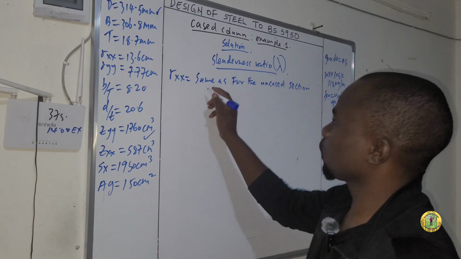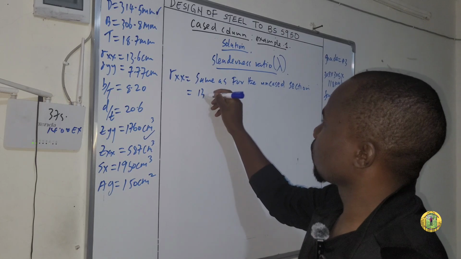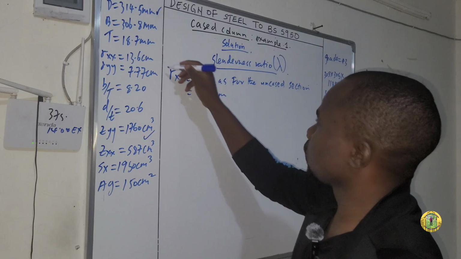And Rxx for the uncased section is here, 13.6 centimeters.